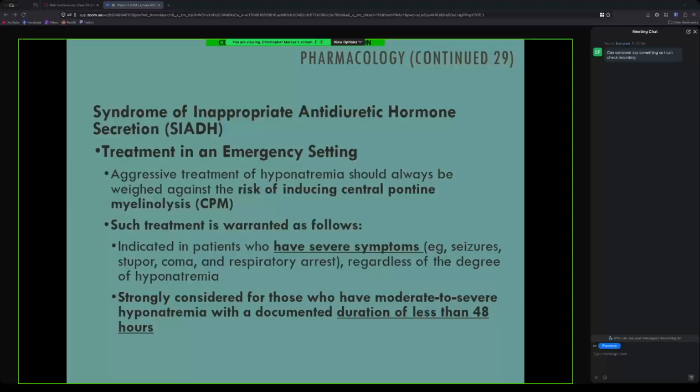So if we go too fast, CPM can cause devastating, life-threatening consequences itself. So it's a balance, right? Do we go too slow and risk cerebral edema, or brain risk, or if we go too fast, we can actually cause CPM, which is osmotic demyelination.